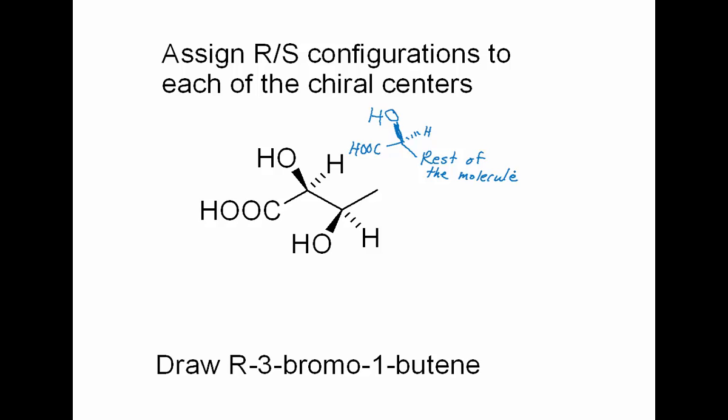All right, so we have 4 substituents at our chiral center: OH, H, COOH, and the rest of the molecule. All right, so if we rank these, this is number 1.